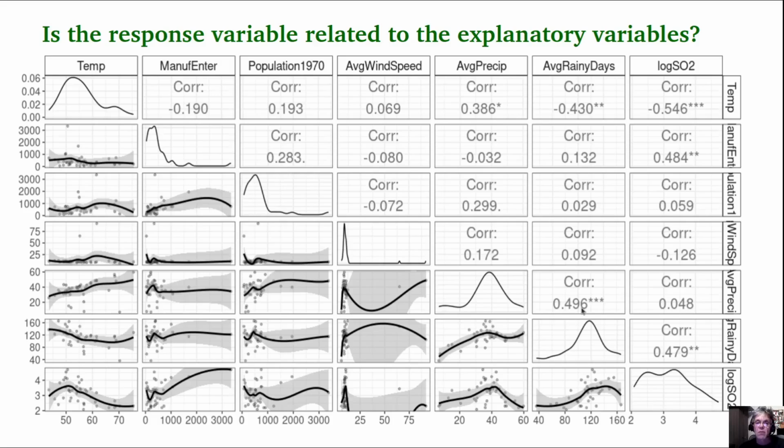Had we had a pair of variables with a very high correlation, my suggestion, as discussed in the book, would be to pick one of the two, the one that is more closely related to a mechanism that would link it to the response variable.